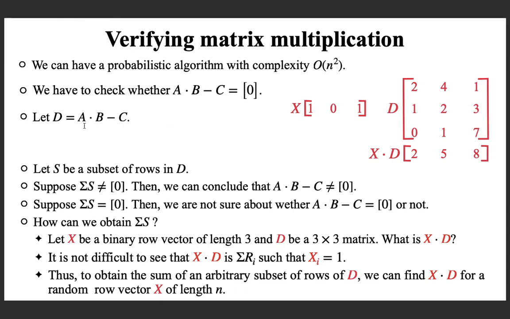D is nothing but the LHS of this equation. If you take a random row vector which is binary, and you multiply that with the matrix D, what you are getting is the sum of a subset of rows. And if you have formed this binary row vector uniformly at random, you are finding the sum of rows where the rows are selected uniformly at random.